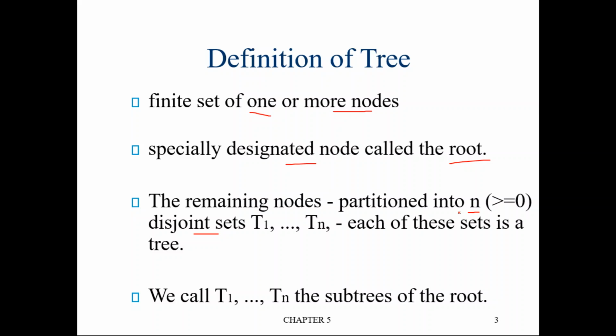If n is greater than 0, then these subsets can be labeled T1, T2, T3 up to Tn, where each of these is a tree. T1 is one tree, T2 is another tree, and up to Tn is another tree. All these trees are subtrees of the root.